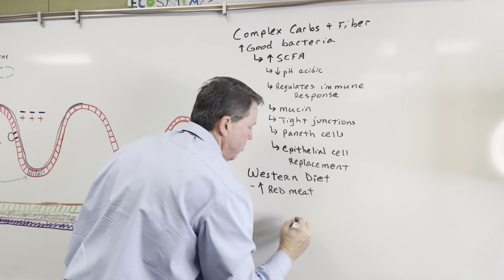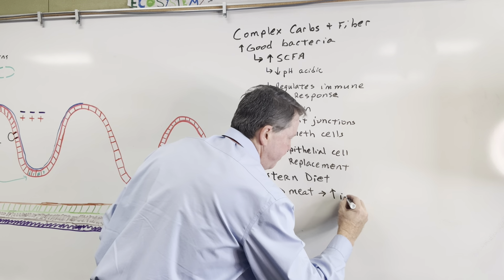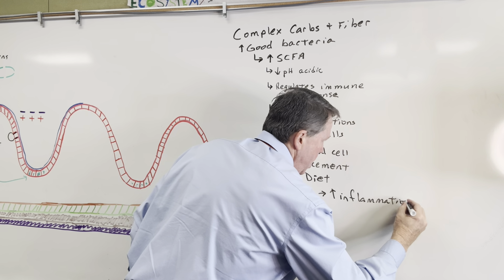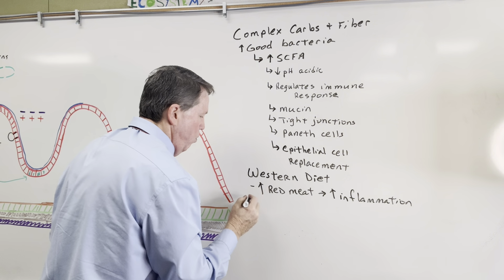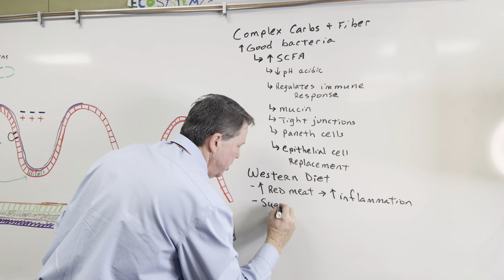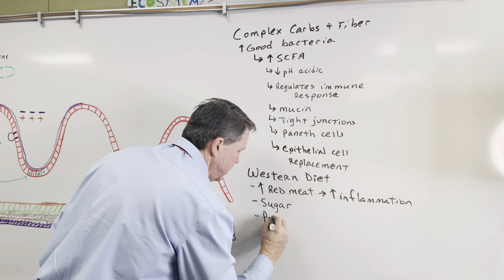Red meat contains something called arachidonic acid, which can lead to inflammation. The other thing in a Western diet is that people eat a lot of refined sugar, and they also eat a lot of processed foods.